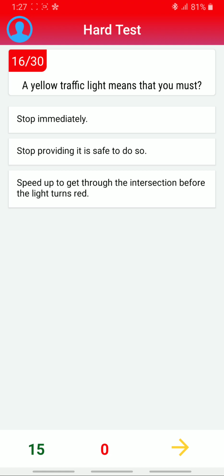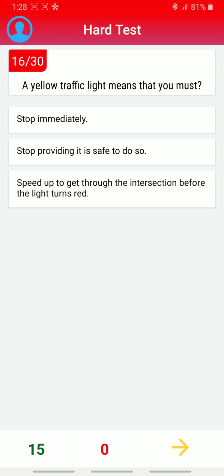A yellow traffic light means that you must, this is important, green, yellow and red lights and signals at junctions are very important, and you need to understand their purpose and learn it by heart, because it's very common.